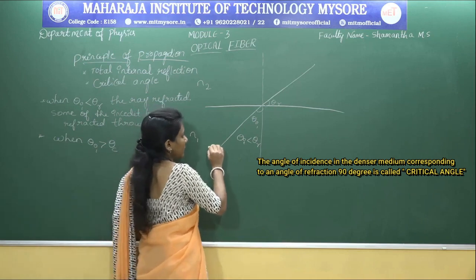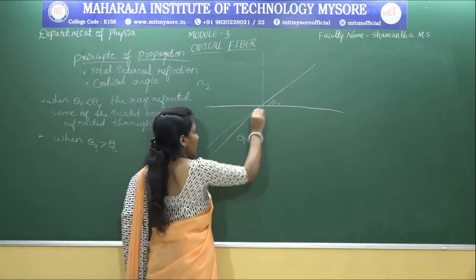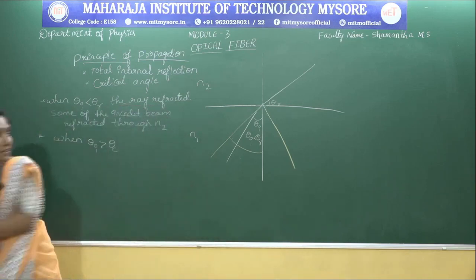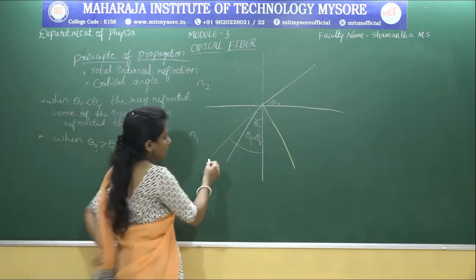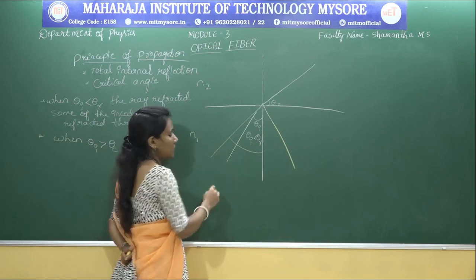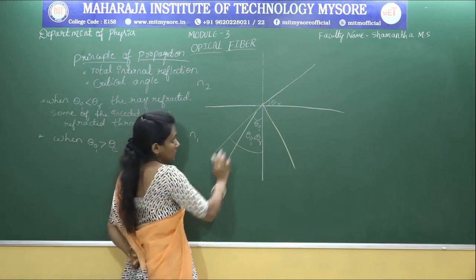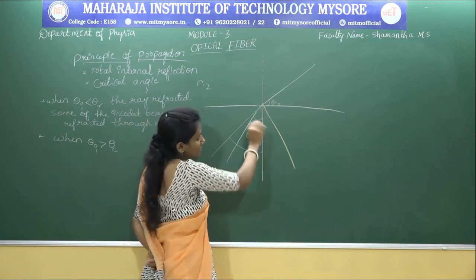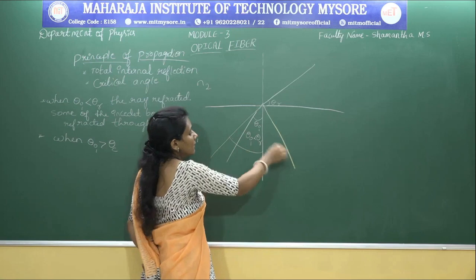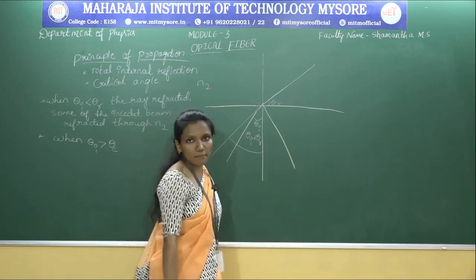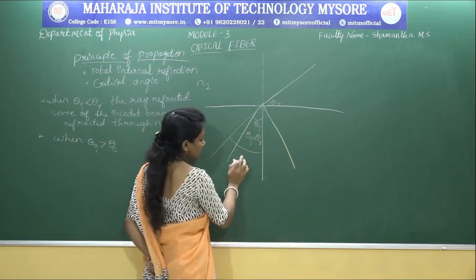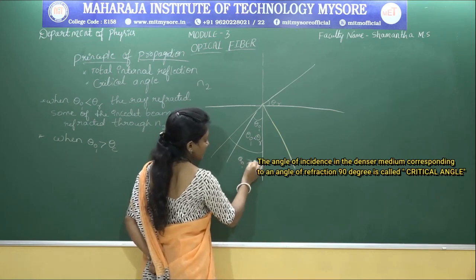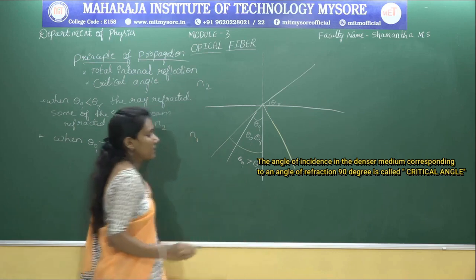The ray of light enters from the denser medium, just touches the interface, and again reflects back to the same medium. So, that is total internal reflection. At this, the angle of incidence is greater than the critical angle.